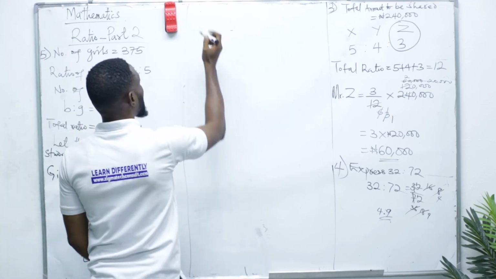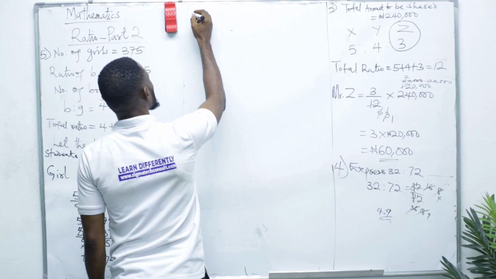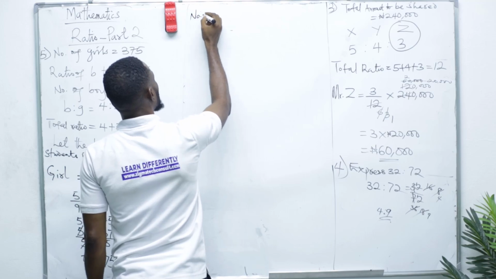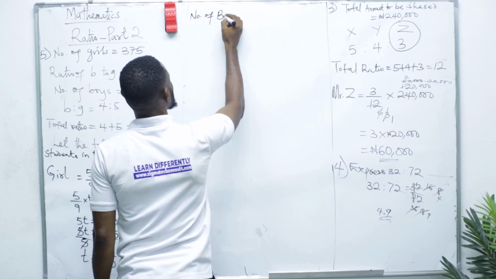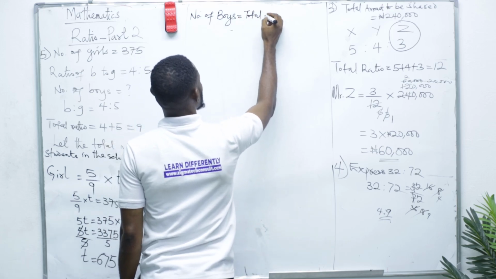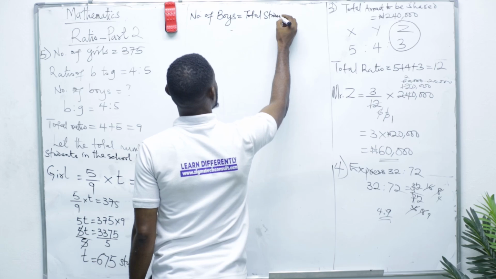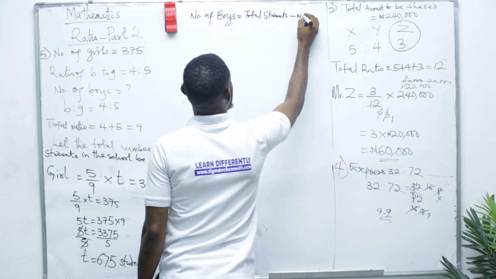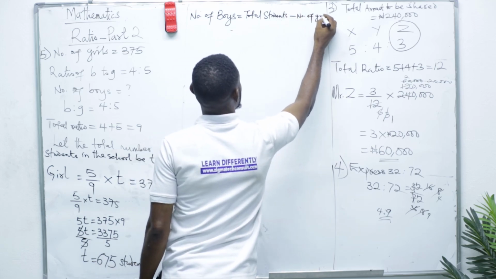How do we do that? We say the number of boys is equal to total students minus the number of girls.